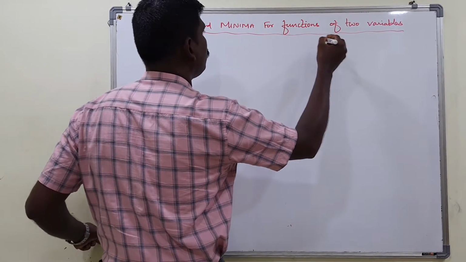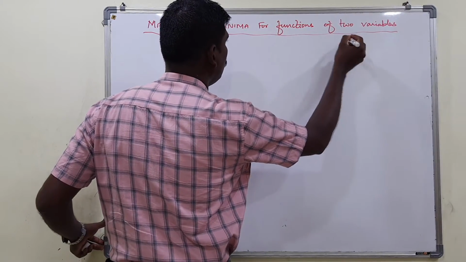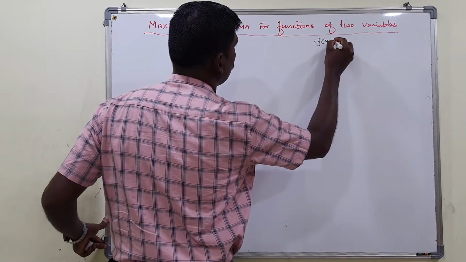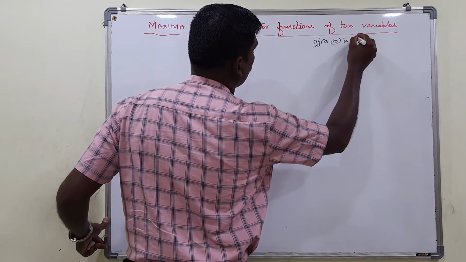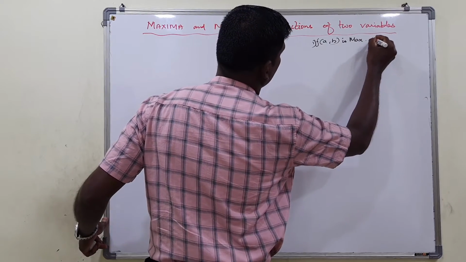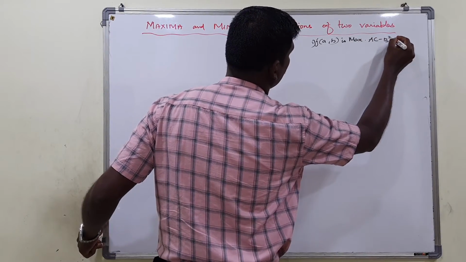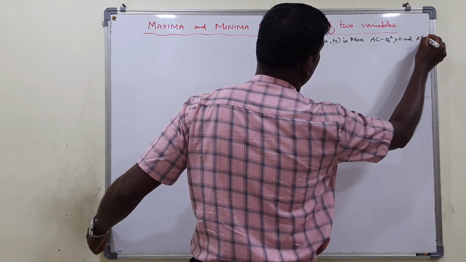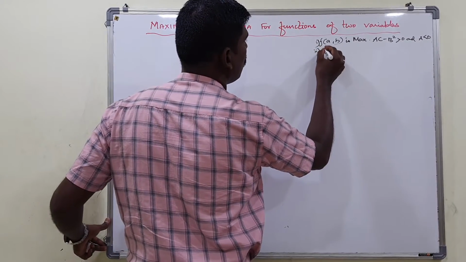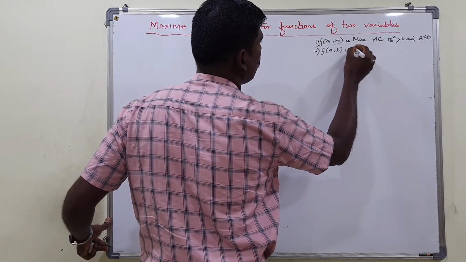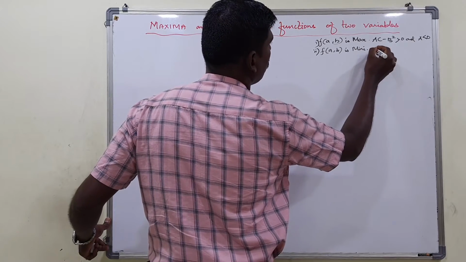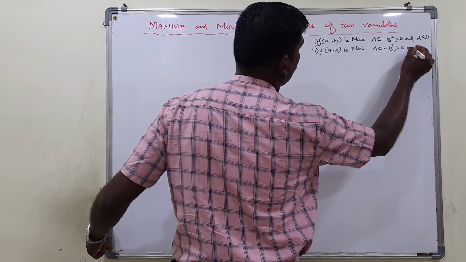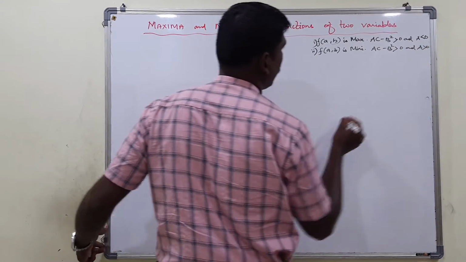What are the results we found? First one, f of a comma b is maximum when AC minus b square is greater than 0 and a is less than 0. Second one, f of a comma b is minimum if AC minus b square is greater than 0 and a is also greater than 0.